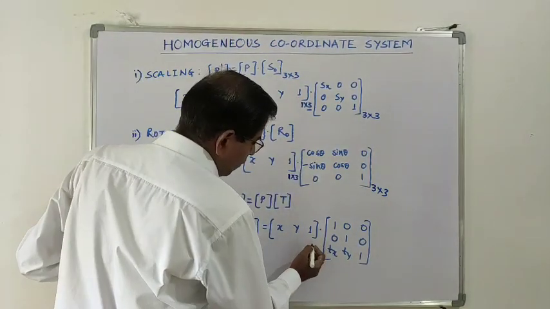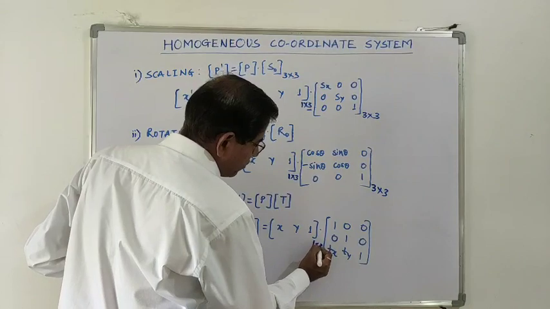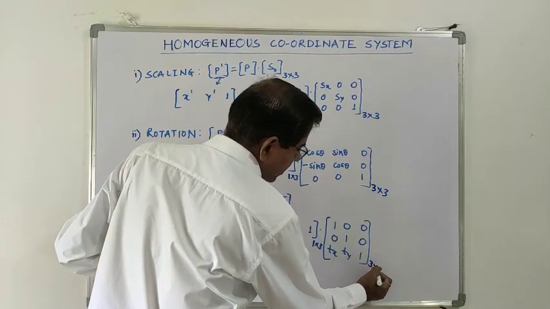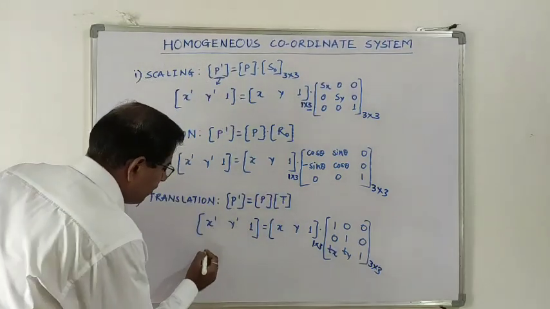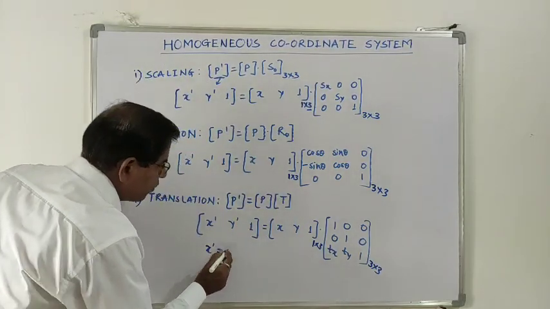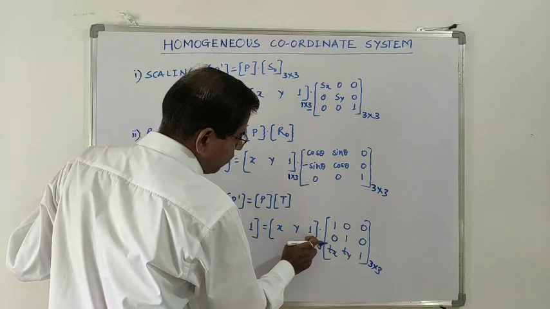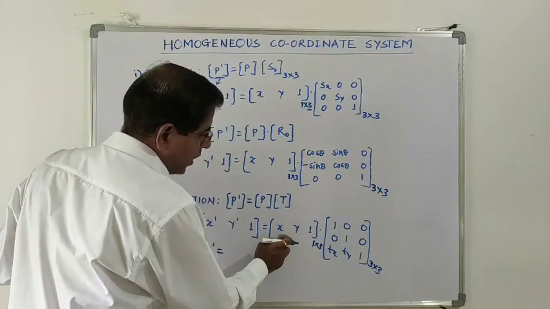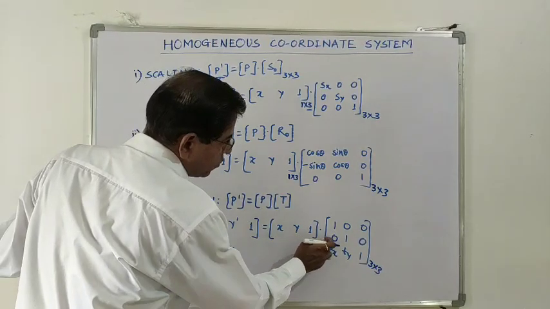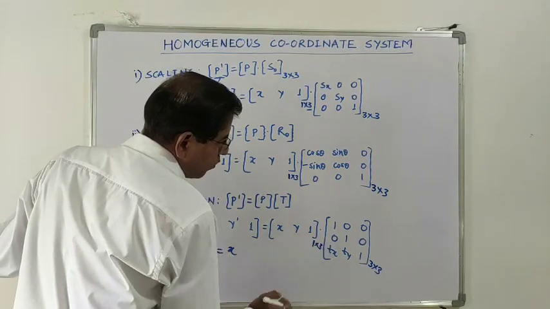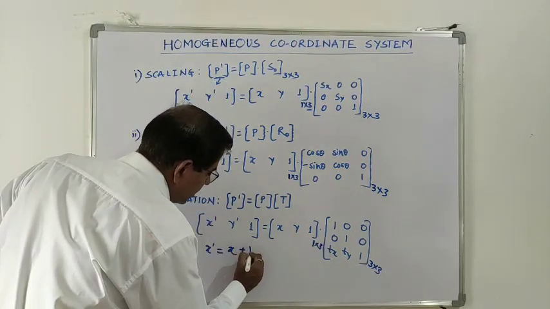The size of this matrix is 1 by 3, the size of this matrix is 3 by 3, so multiplication is very much possible. And we know that x dash is equal to first row, first column. So x into 1 is x, y into 0 is 0, and 1 into tx is tx.